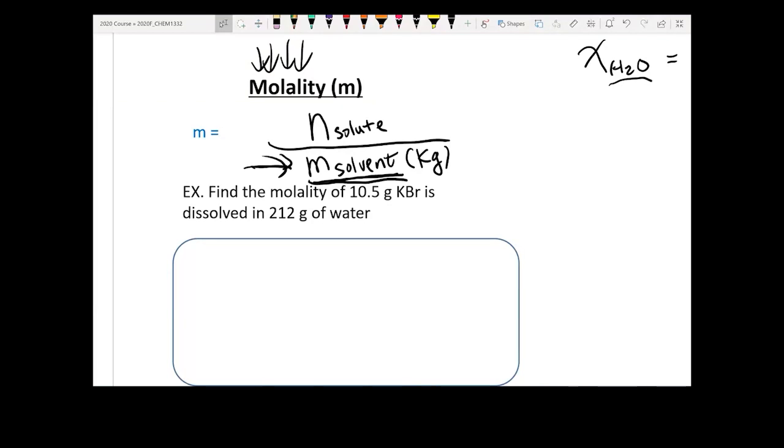So here is the example: find the molality of 10.5 g KBr dissolved in 212 g of water.